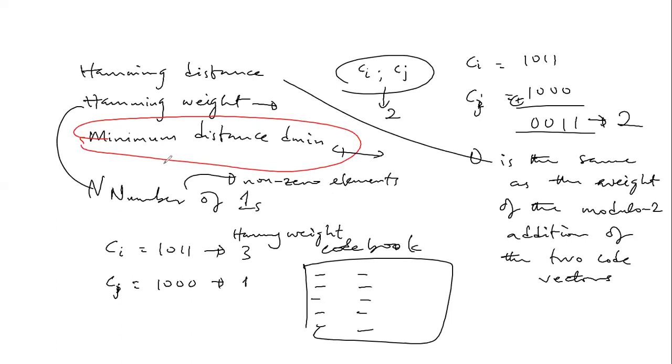Okay. Now, if that gives us the minimum distance, let's come back to our n,k code, or linear block code.